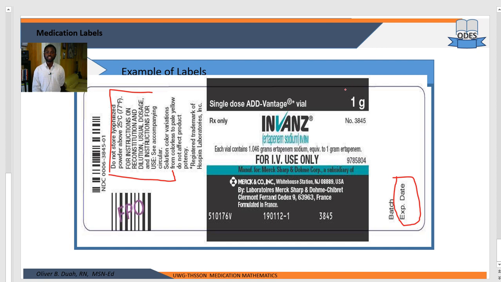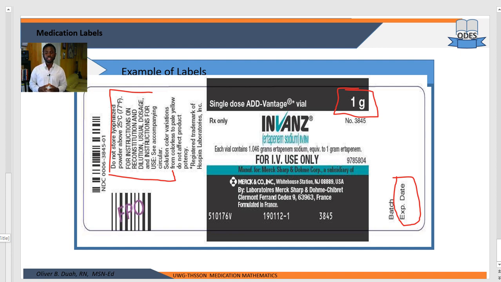Then it gives you the dosage. So this is 1 gram in the vial. So you have 1 gram per vial. And then you also have some reconstitution information. Okay, so basically these are the components that you are going to need every time you pick up a medication.